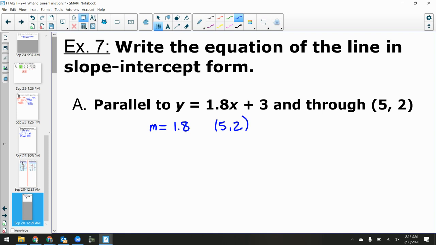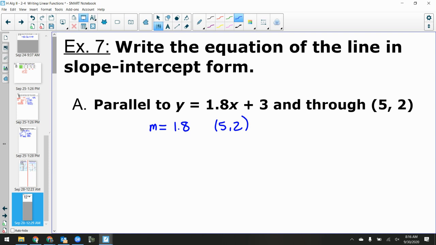I don't love that they give us a slope that's a decimal, but I'll make do. What do you guys like more, the solve for b or the point slope? It was more solve for b, so I'm going to do solve for b.